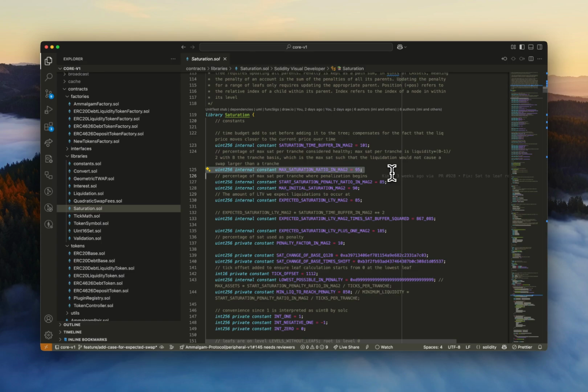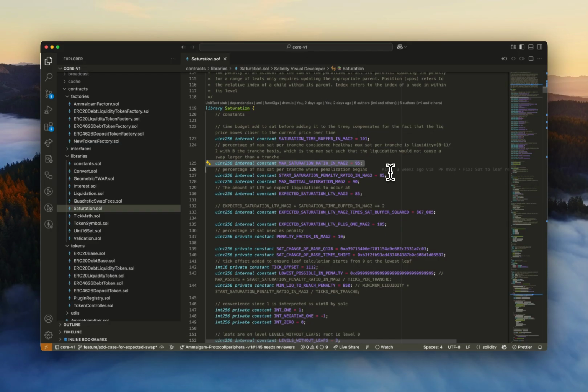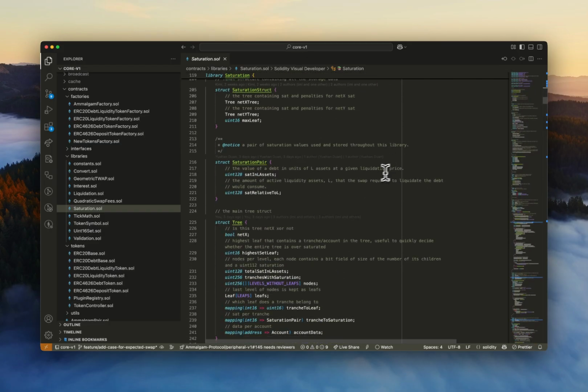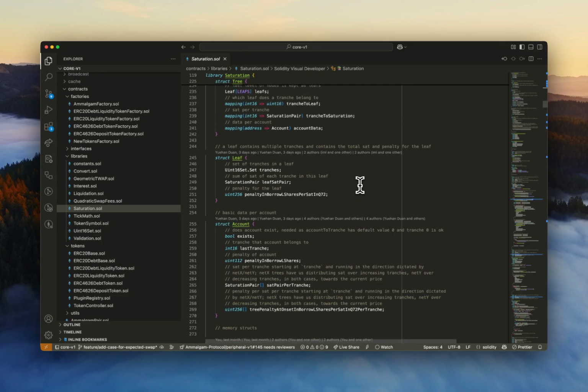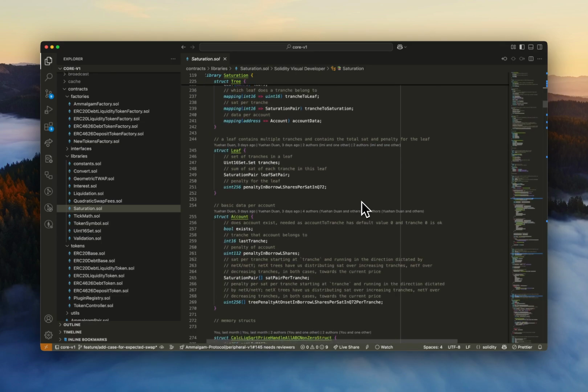So this has a lot of problems in it, computer science wise. We basically have to keep saturation, or how much of each tranche is used with respect to the total liquidity, in a sorted list, and we use a tree structure to do this, so that when we remove something, we can find the next highest saturation in constant time.